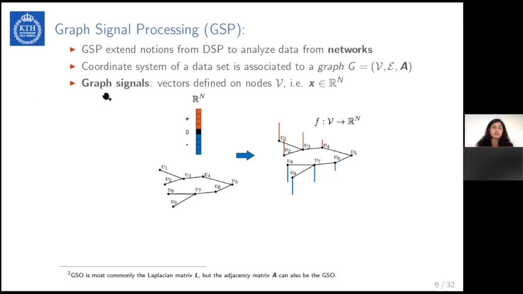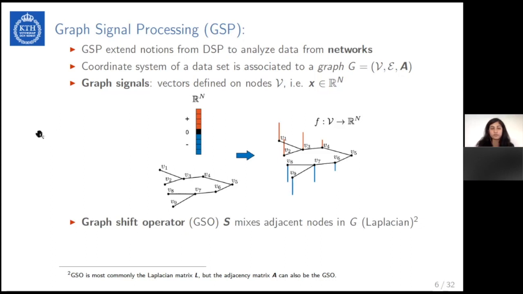And so graph signals are vectors defined on the nodes of a graph, a mapping going from the nodes of a graph to the real space R^n, with n being the cardinality of the number of nodes in the graph. And here is a small figure showing how a graph signal can be expressed.